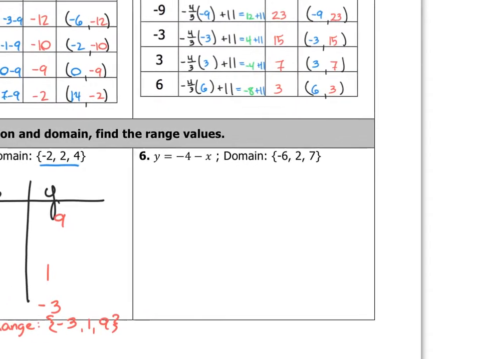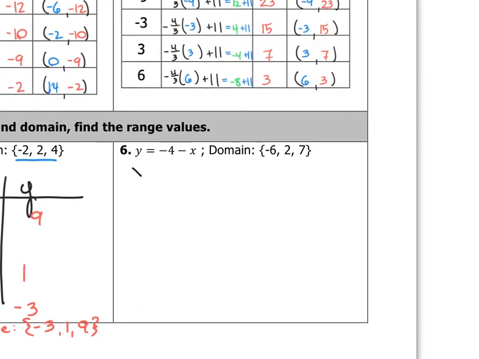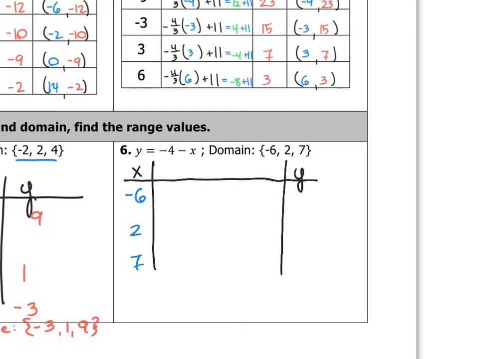All right, let's do the same thing for number 6. So I'll set up my table. This time my domain values, my inputs, are -6, 2, and 7. My rule is I'm taking -4 and subtracting x, so I need some parentheses where x was. I'm substituting in -6 here, 2 here, and 7 here.